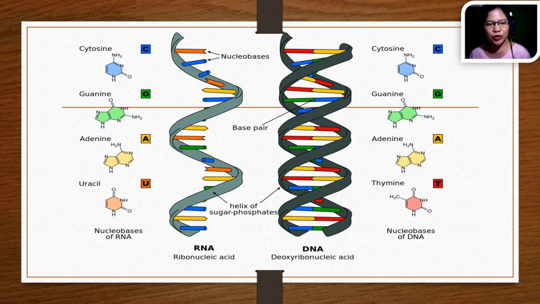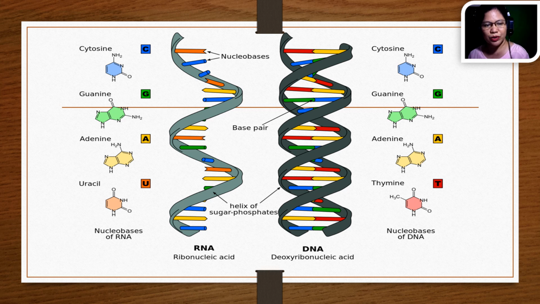Another structure is you can see that RNA is a single strand, while the deoxyribonucleic acid is a double helix. So you have here the nucleotide bases or the nitrogenous bases at the side: the uracil, adenine, guanine, and cytosine for RNA, while for DNA you have the thymine, adenine, guanine, and cytosine.